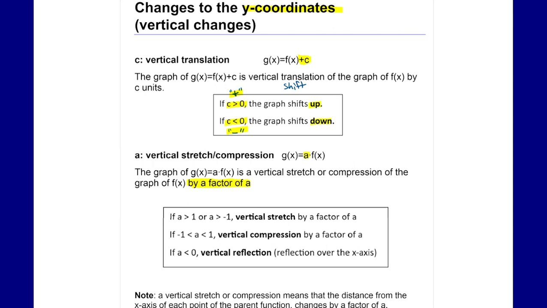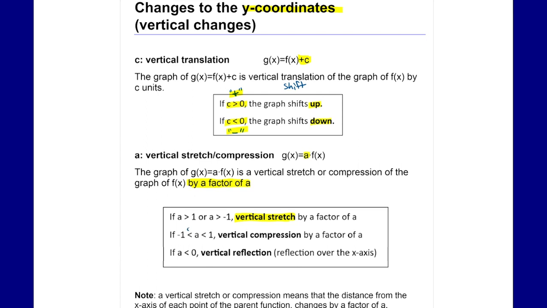Here, there's three scenarios that could happen. If a is greater than 1, we have a vertical stretch. So if it is a whole number greater than 1, we have a vertical stretch. If it is between -1 and 0, then it is a vertical compression.